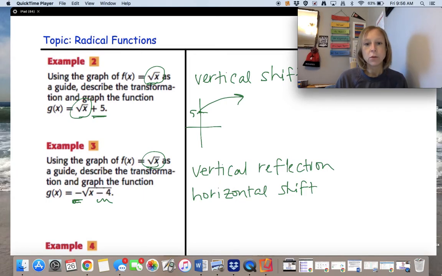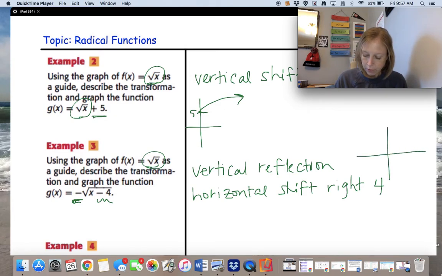And remember, when it's horizontal, it's always the opposite. So rather than thinking left 4, this is going to be right 4. So feel free to hop over to Desmos, but I know that this is going right 4. And I know it's a vertical reflection, so rather than being on top of the x-axis, it's going to go underneath.